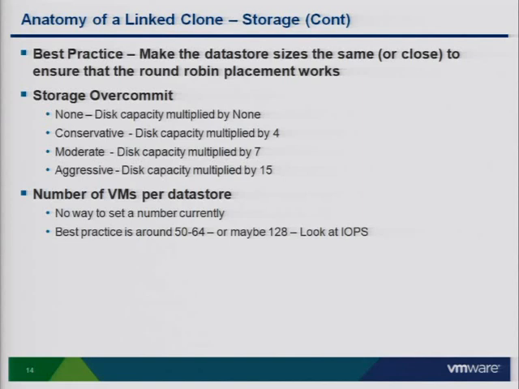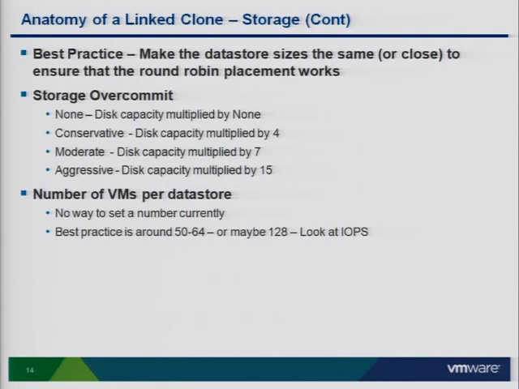And to address the first part of your question in a little bit more detail, I always think of an example of something that will cause a link clone to grow: the swap file, not the VM swap file, but the swap file for the XP or Windows 7 VM itself, right? So when I'm sizing out, and we're going to talk about this, another new capability of View 4.5 is the ability to create a disposable disk where I keep my swap file for the VM itself and the temp directory. So I don't have to store those things in my link clone, so I can minimize the growth of my link clone.